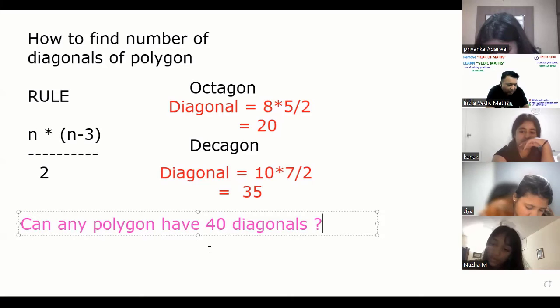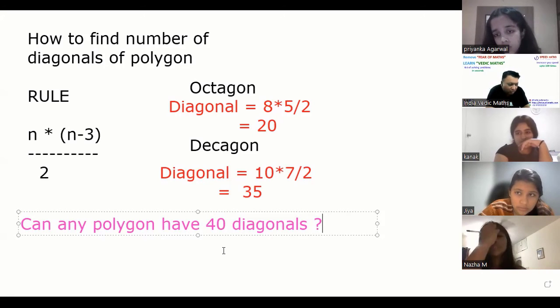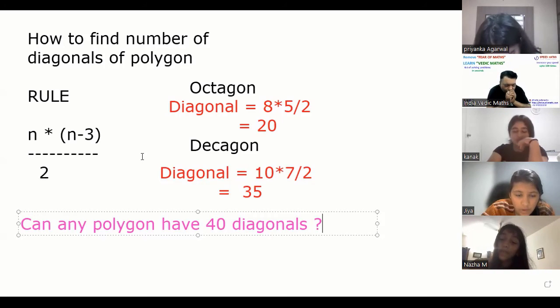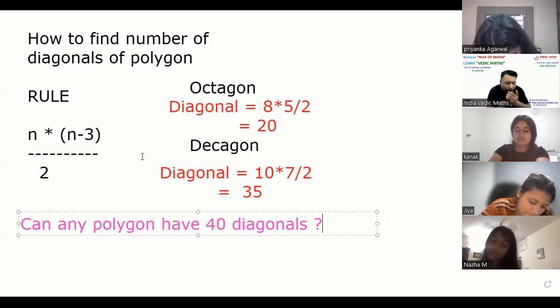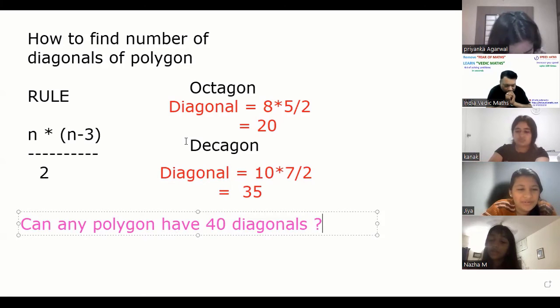Let's see what people are saying. Can any polygon have 40 diagonals? Yes, no. Kanak says no. Okay. Duan says no. Mishita says no. Mishita, why no?